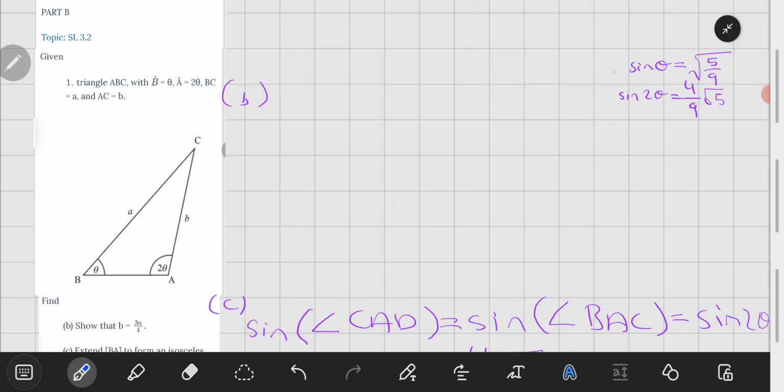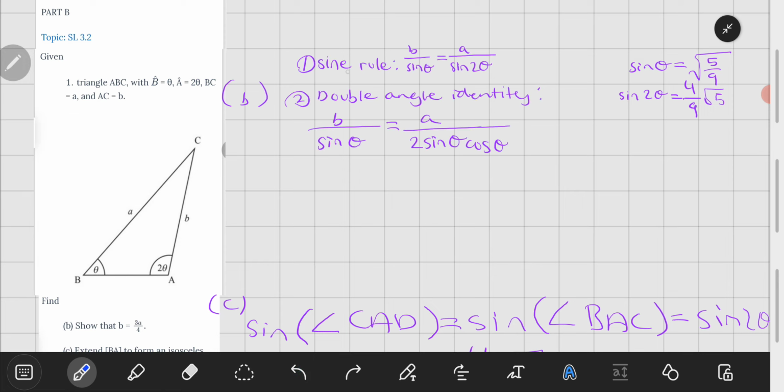So we recall our previously found values of sine theta and sine 2 theta, and we can use two formulas to prove this, which are the sine rule and the double angle identity law. Now I will be using the sine rule to do this, but both will yield the same answer.